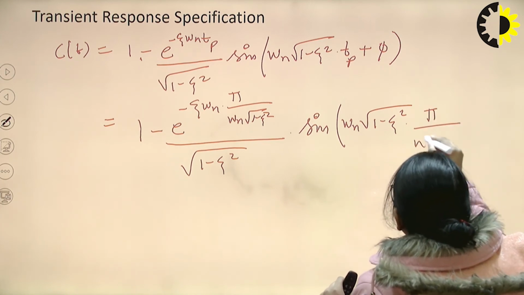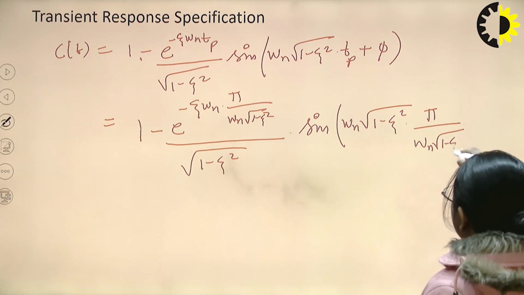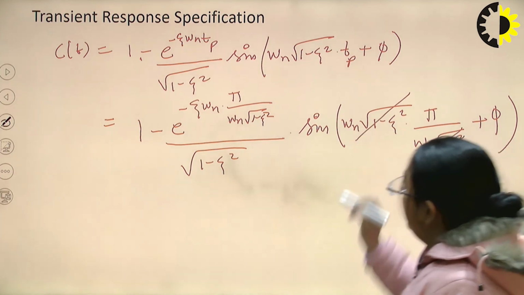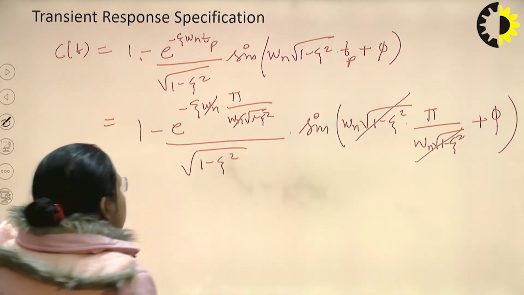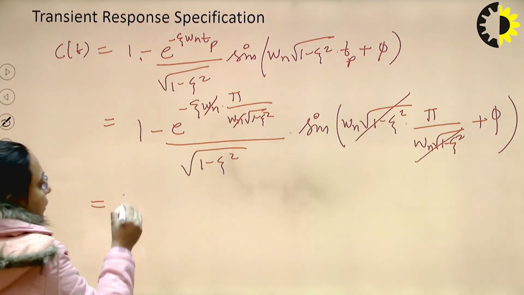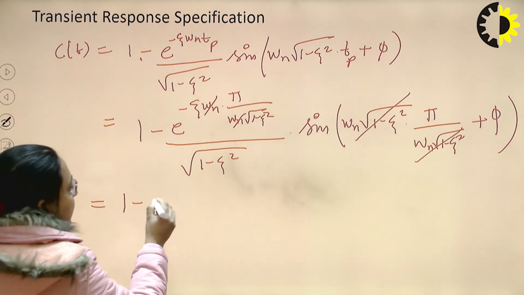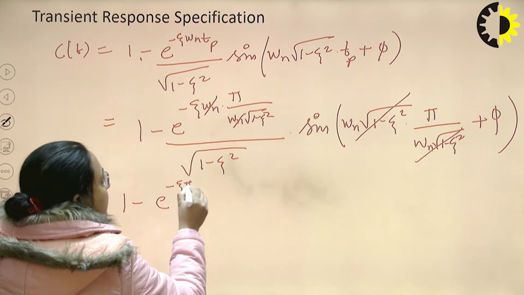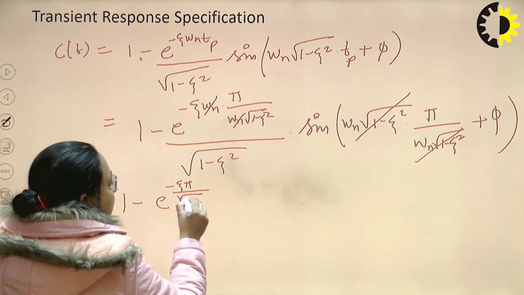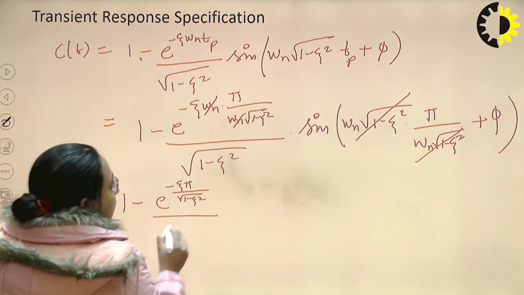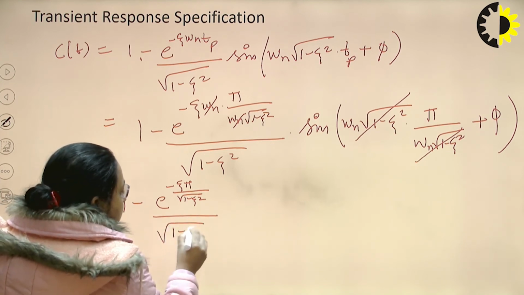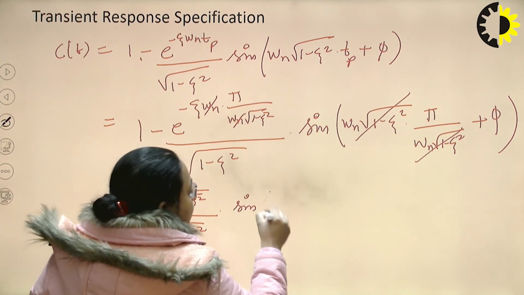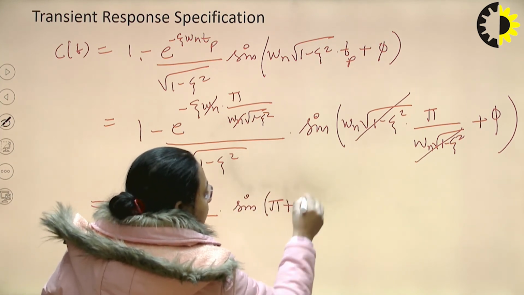Pi upon omega n under root 1 minus zeta square plus phi, okay. So this gets cancelled here. Similarly, omega n gets cancelled here. So it will leave as 1 minus e raised to the power minus pi zeta upon under root 1 minus zeta square, into sine pi plus phi, okay.